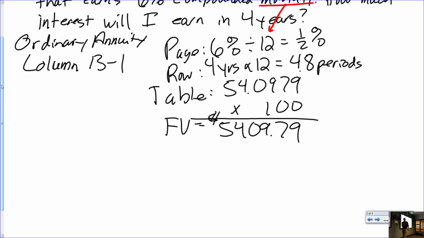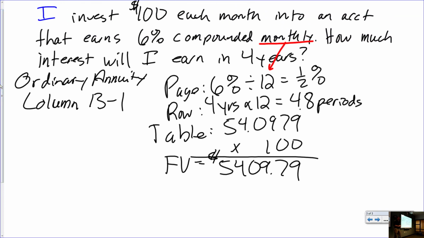What did I ask for? The interest. How do you figure out the interest? We need to subtract how much money we put into this account, folks. How much money did we put into it? $4,800.